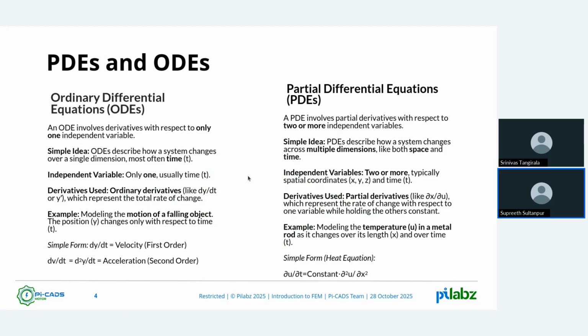And in partial differential equations, we want to differentiate that from the ODEs, so we use a notation called dou, or del, like dou x by dou u, things like that. So you can represent much more complicated phenomena using PDEs, whereas ODEs are restricted to phenomena where the independent variable is only one.